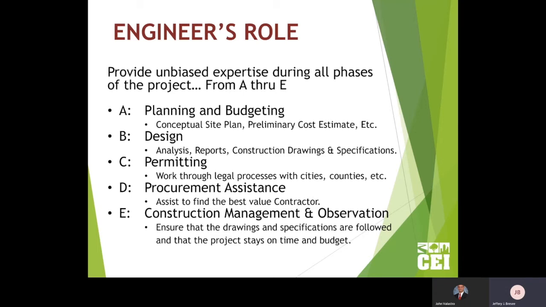And so that's why typically as engineers, we will work directly for the school as their consultant, so we can watch out for their interest all the way along. And that involves planning and budgeting, design, permitting, procurement assistance, and then construction management and observation of the construction process.